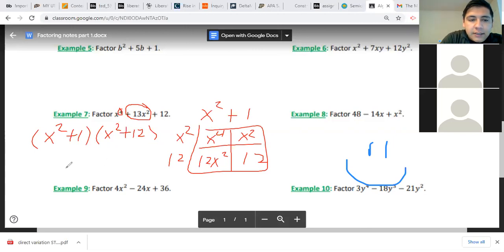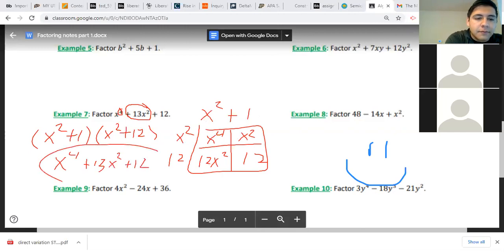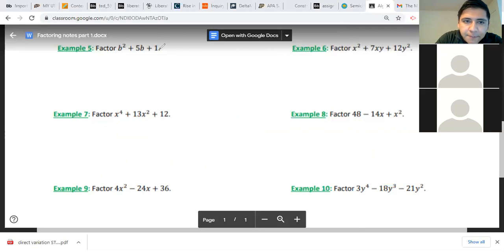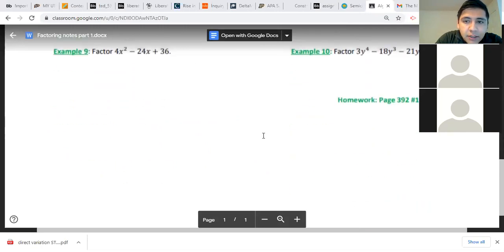So then x to the power of 4, and 12x squared plus 1x squared is 13x squared, and 12. So again, not too much of a difference. The process is still the same. We just need to decide how we're going to write out our answer.